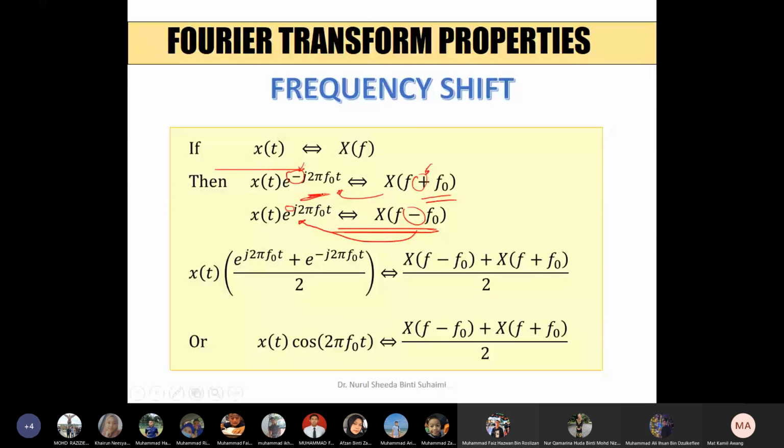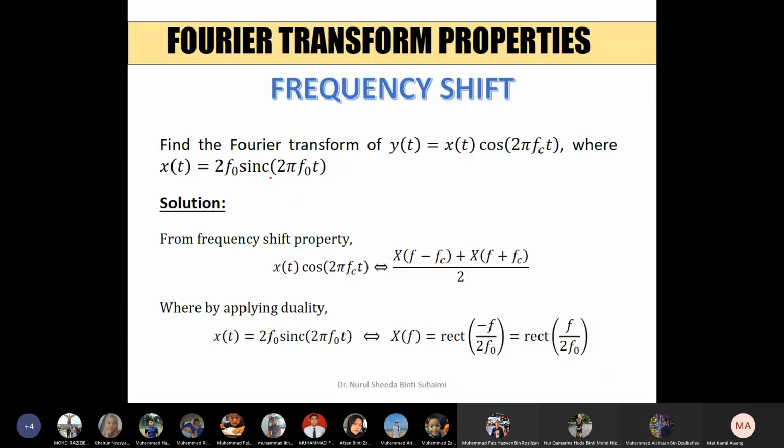So if you have x of t, e to the j 2 pi f naught t plus e to the minus j 2 pi f naught t over 2, then you have x of f minus f naught plus x of f plus f naught over 2. This is actually similar to x times cosine of 2 pi f naught t. These are frequency shift properties.